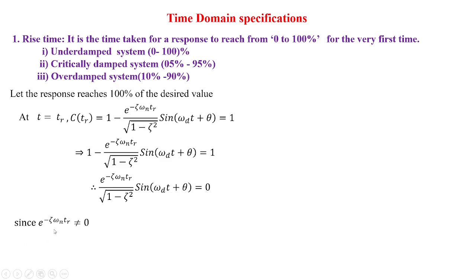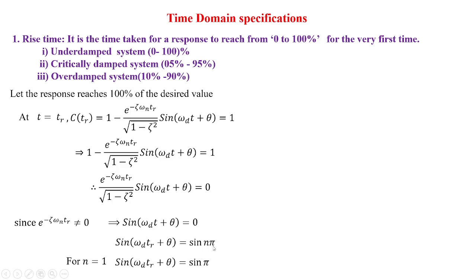Now since the exponential term is not equal to 0, we can imply sine of (omega d tr plus theta) equal to 0, or sine of (omega d tr plus theta) equal to sine of n pi. For n equal to 1, this becomes sine of pi, or it can be sine 2 pi, 3 pi, and so on.